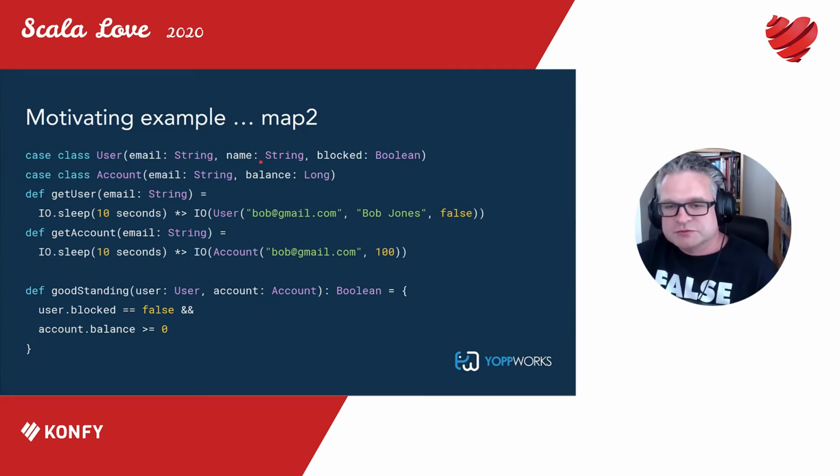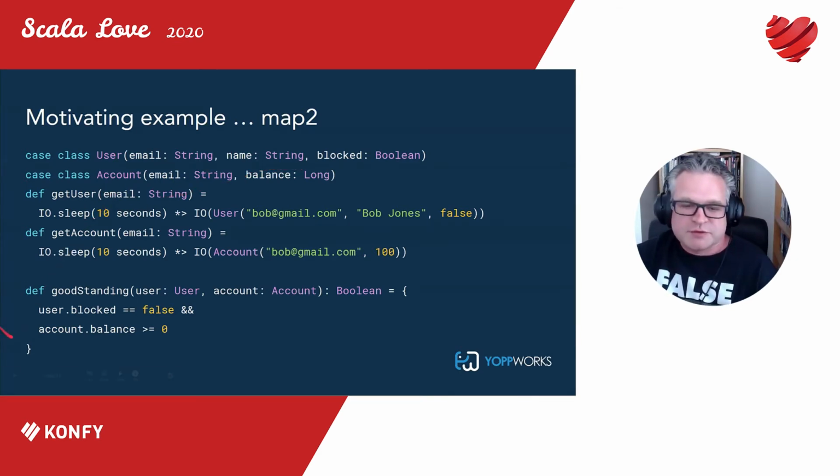In this example, I have a user data structure. This data structure represents a user account, and it has information about whether my account is blocked. This might be something like the FBI called the bank and said, block this account, or I would go to jail or something like that. So the bank needs to know that my account is blocked at the user level. And then I have an individual account, which has my balance.